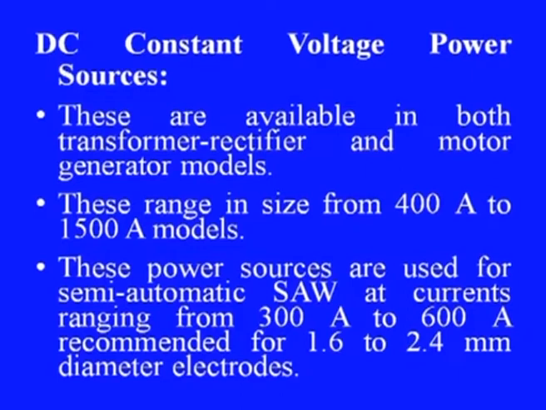These power sources are used for semi-automatic submerged arc welding at currents ranging from 300 ampere to 600 ampere, recommended for 1.6 to 2.4 millimeter diameter electrodes.